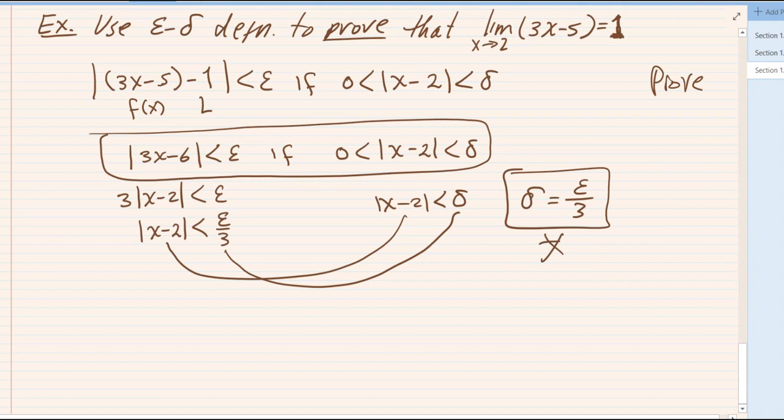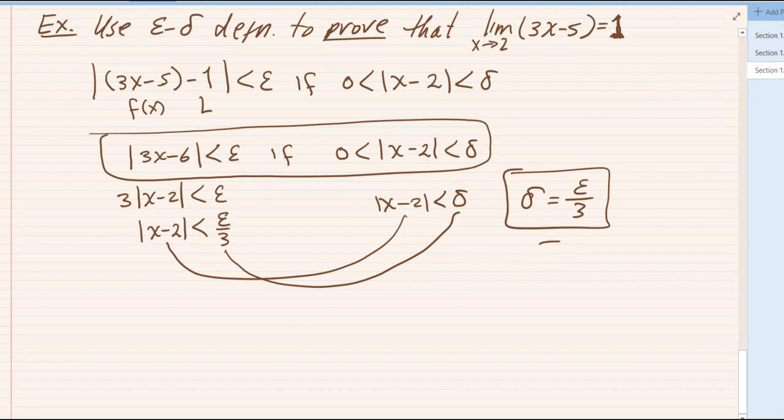So the original statement we wanted to prove also holds with delta equal to epsilon over 3, and therefore this proves that the limit is 1. So, to bring it together, in order to prove the limit exists, all you have to do is find a delta.